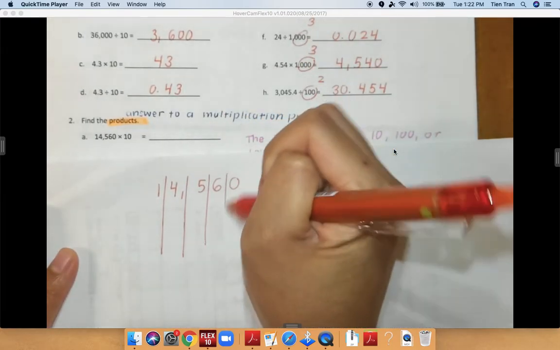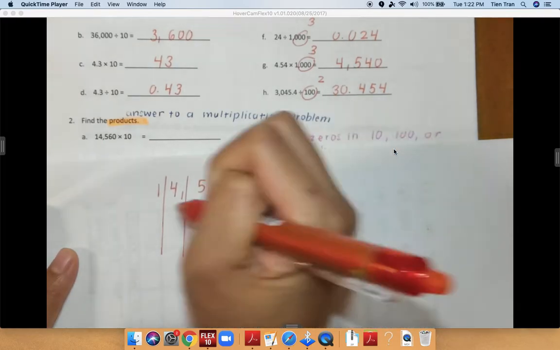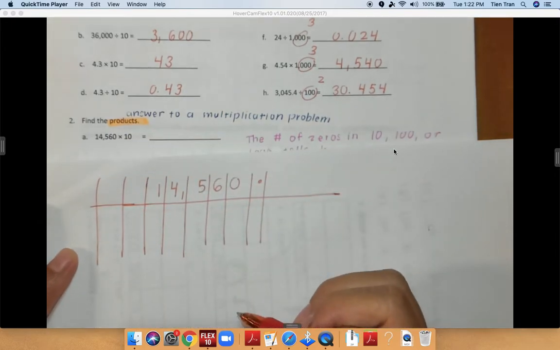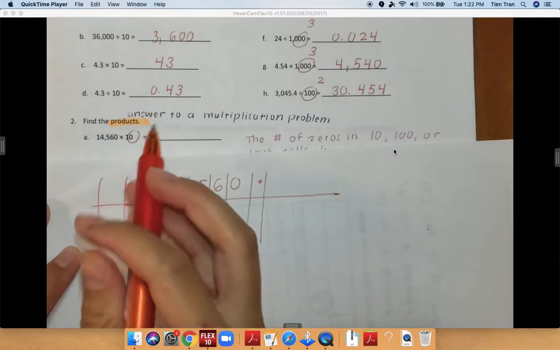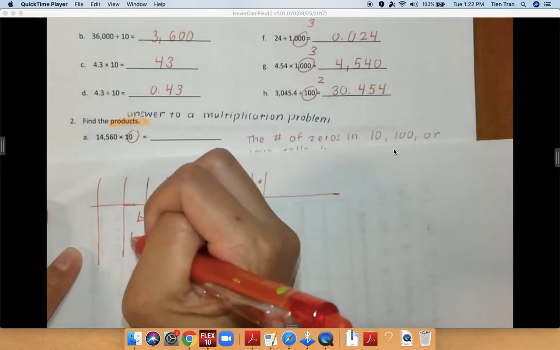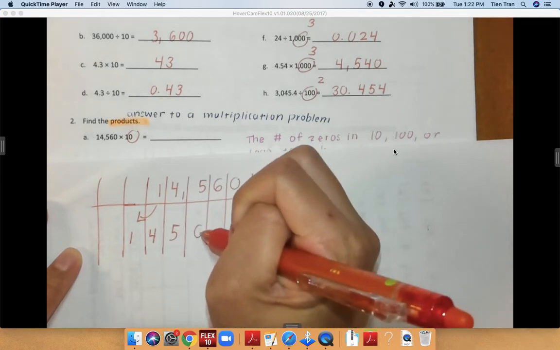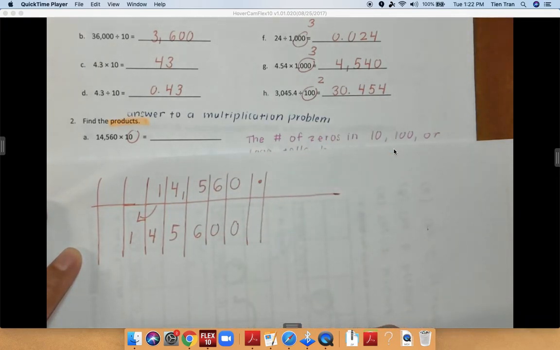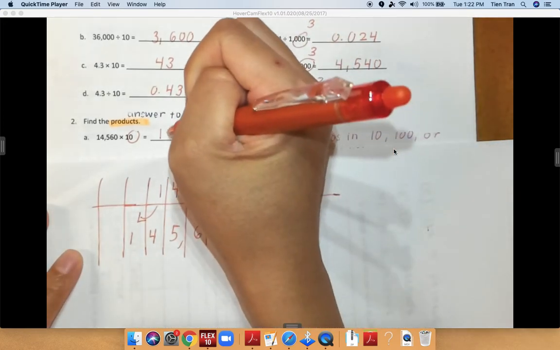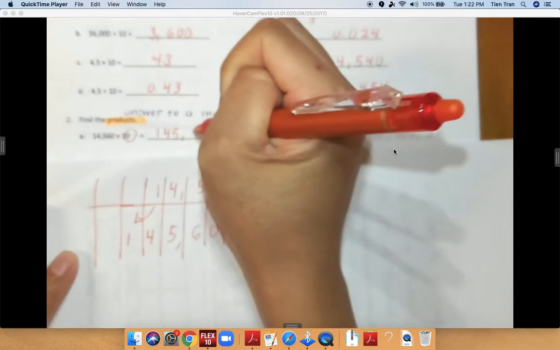All of my numbers have a place to go. And then it says that I'm multiplying, so that means my numbers are going to move to the left. How many times? 1 time, because there is only 1 0. So I'm going to move my number over 1 time. So my new number right here is going to be 145,600.